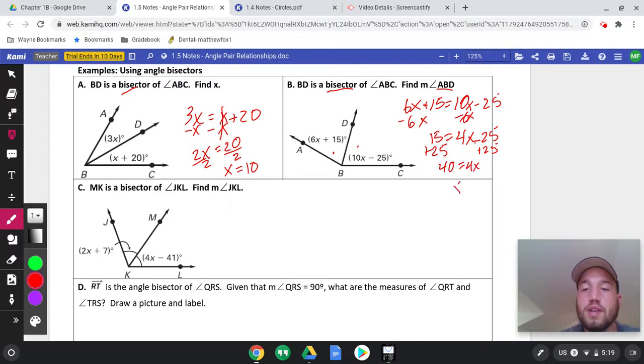Divide by 4 and we get x equals 10. And we're not quite done. We can plug that in right there. So 6 times 10 gives us 60. Plus that 15 gives us a total of 75 degrees.